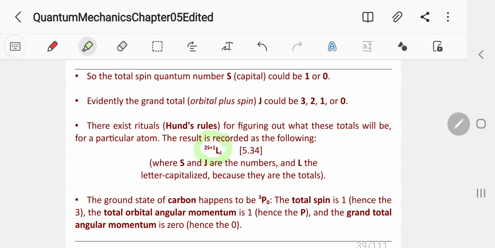For carbon, this happens to be 3P0. The total spin is 1. That's why you have a 3, and the total orbital angular momentum is 1. Hence you have the P, and the grand total angular momentum is 0. Hence you have a 0 here.